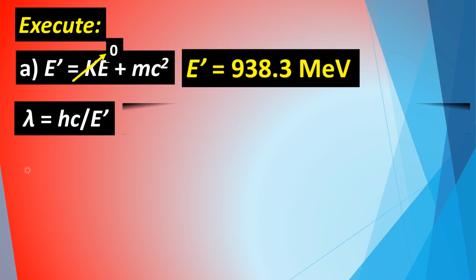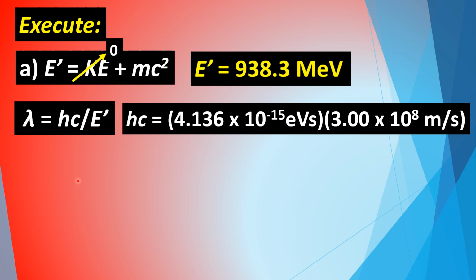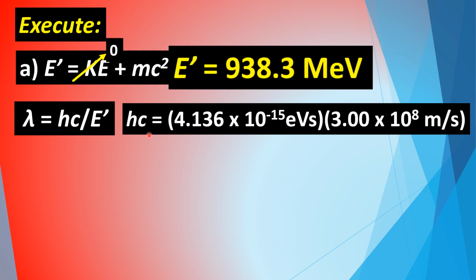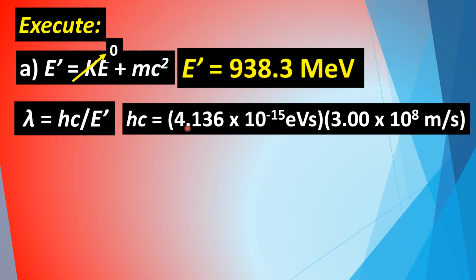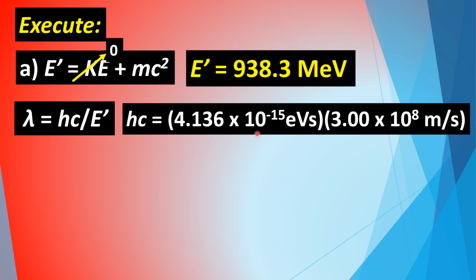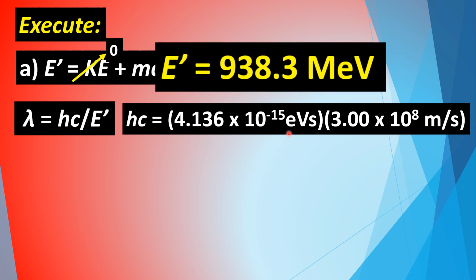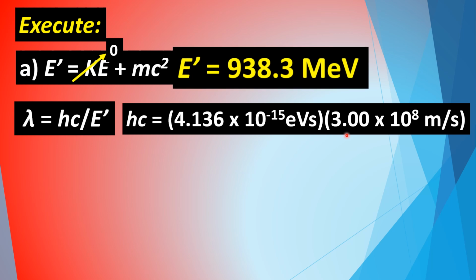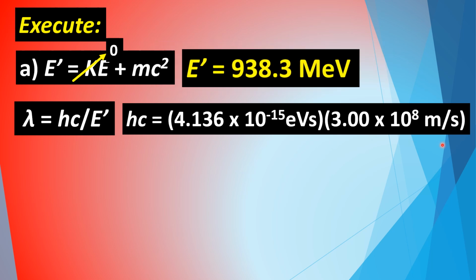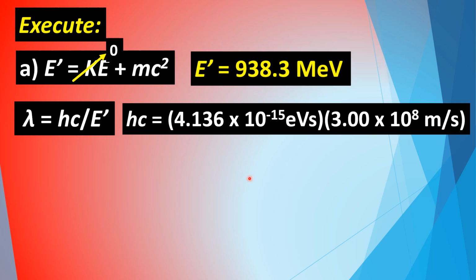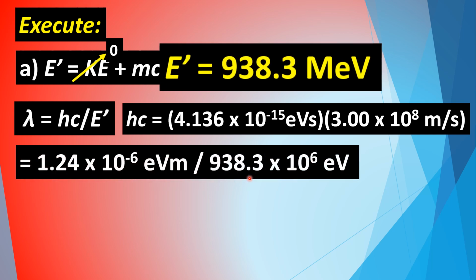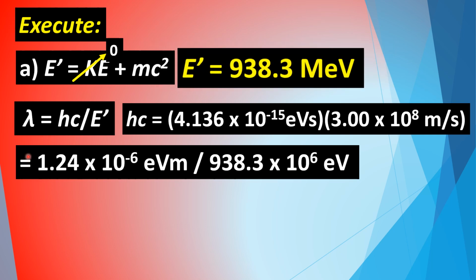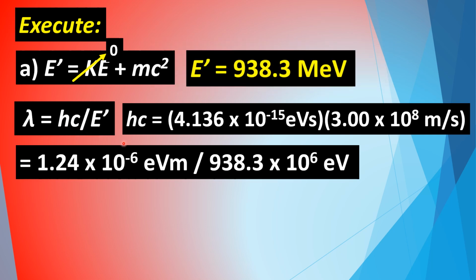So we first find the product of Planck's constant and the speed of light, that is 4.136 times 10 to the negative 15 electron volt seconds multiplied by the speed of light, 3.00 times 10 to the 8 meters per second. The product is substituted in the equation lambda equals hc over E prime.